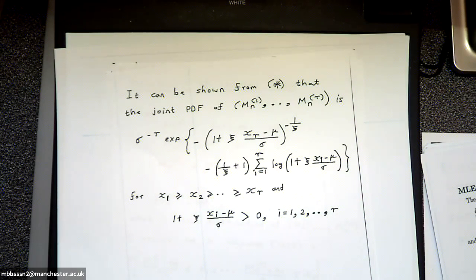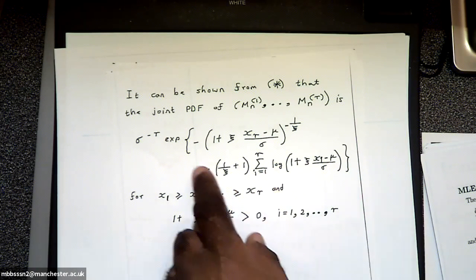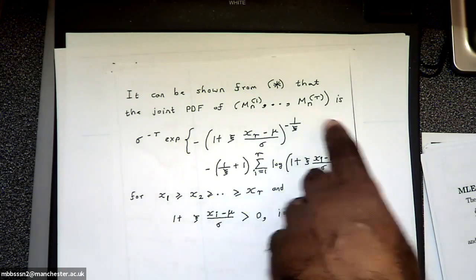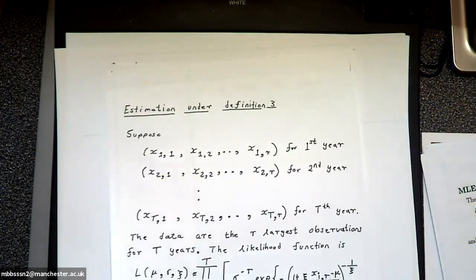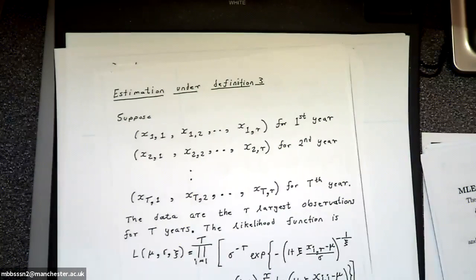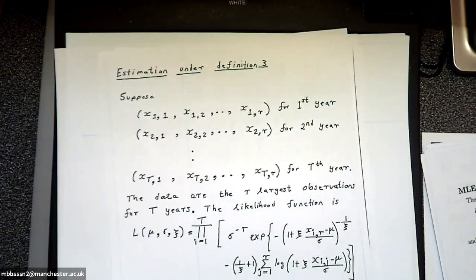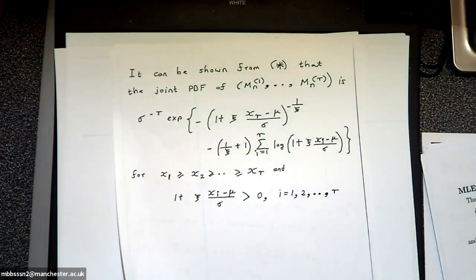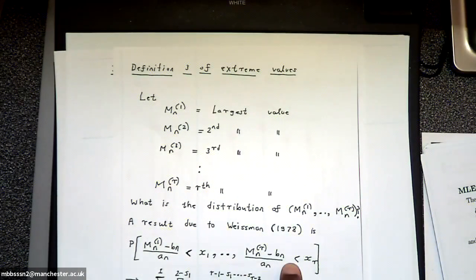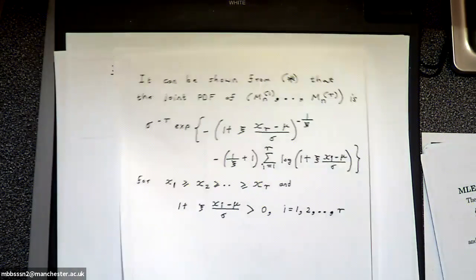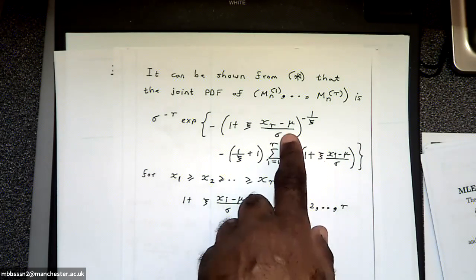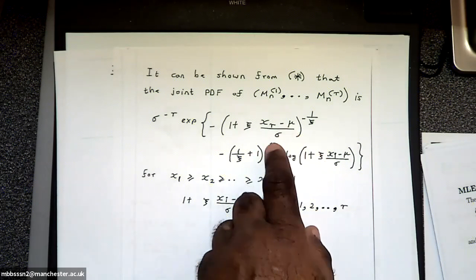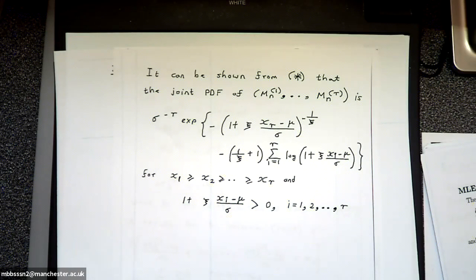So this is a joint PDF of the R extreme values. I know it's not immediately obvious. Your question is good because it's not immediately obvious how I differentiated this R times to get this, but after a lot of work and a lot of differentiation, you will come to something like this, where mu, sigma, and psi are functions of AN and BN.